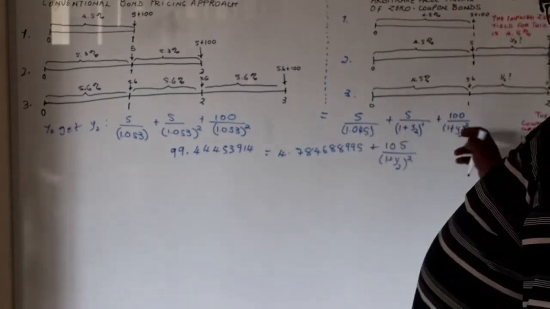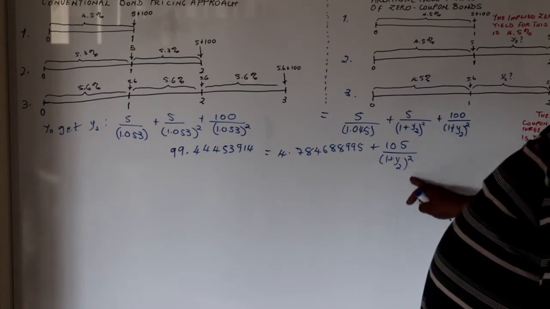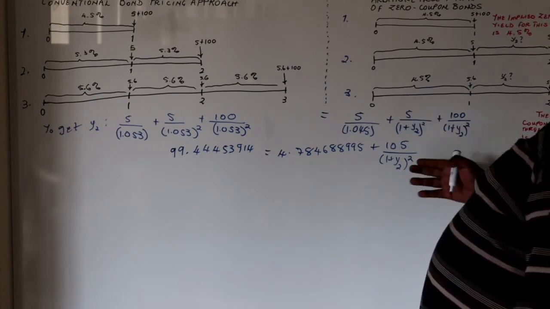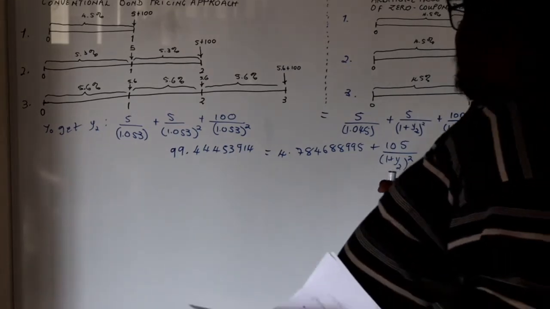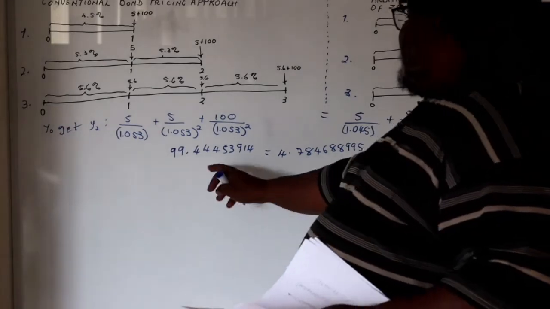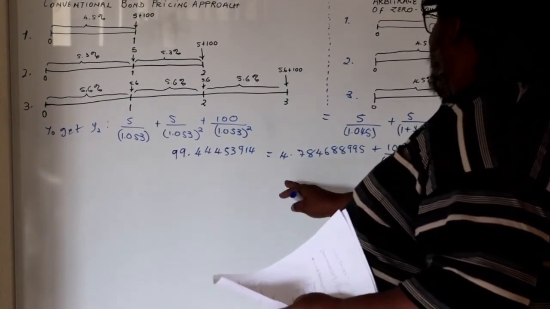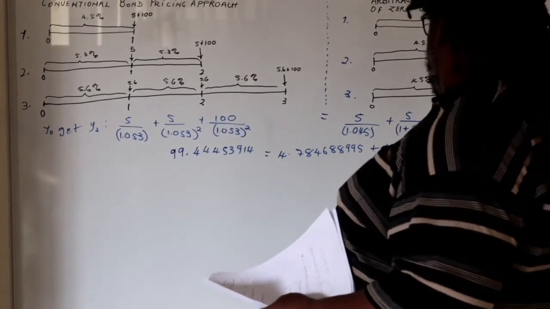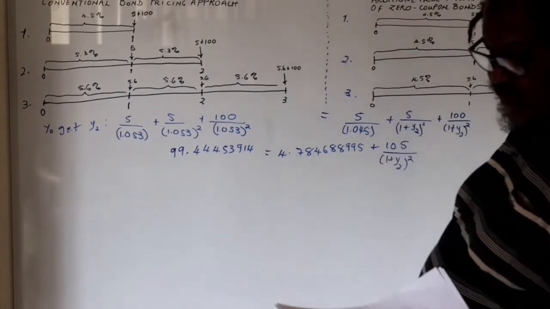So I just combined these two, common denominator 1 plus y2 bracket squared, and then 5 plus 100 gives you 105. And then you can bring this to this side, it will subtract. So you have 99.4 minus 4.7, and that will be equal to 105 over 1 plus y2 squared.